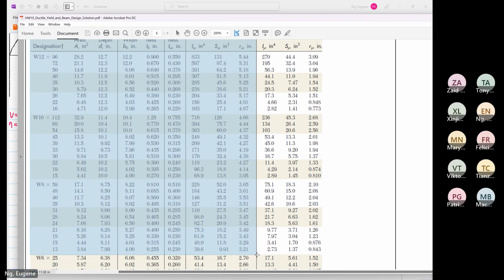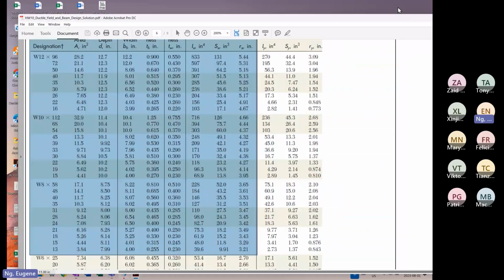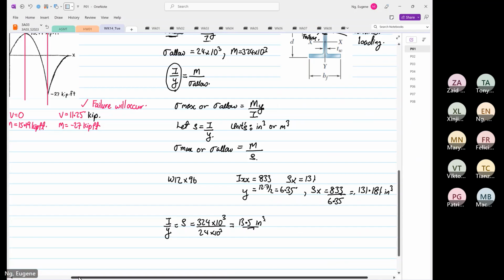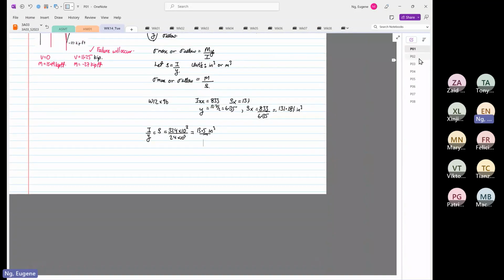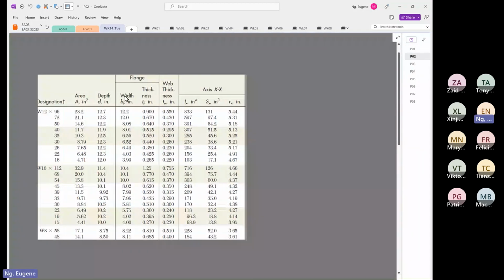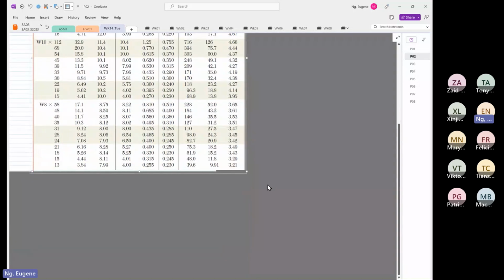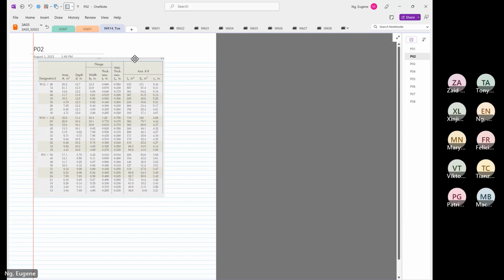Let me copy this and paste it on the next page. The value we are looking for is 13.5.